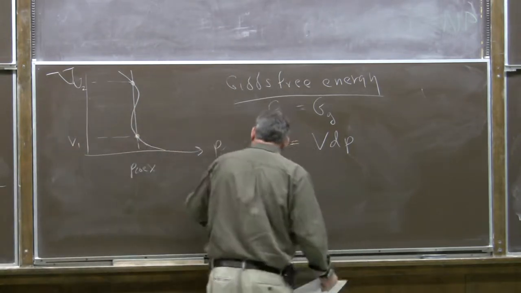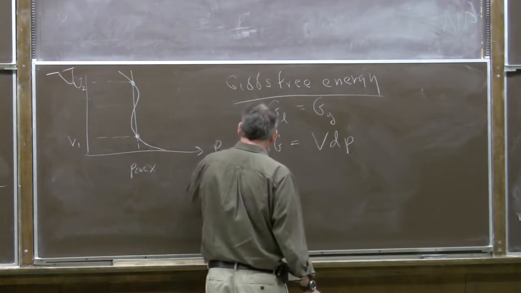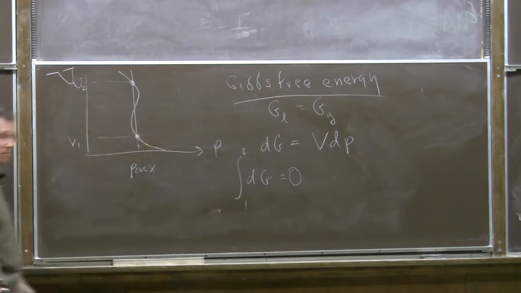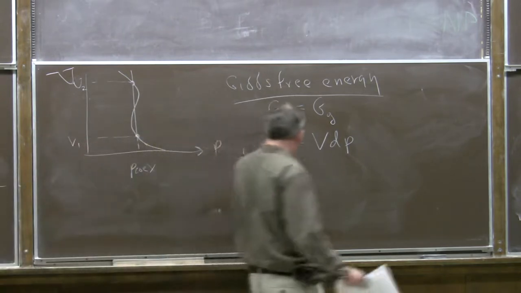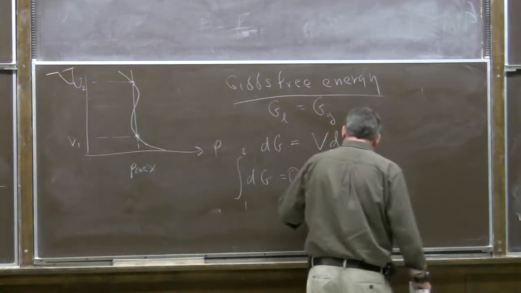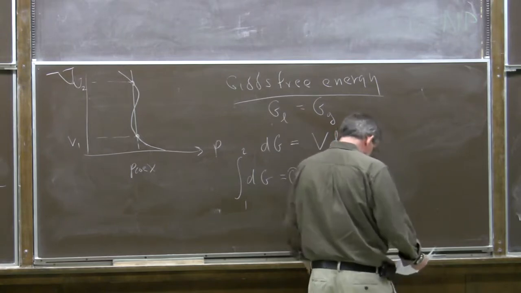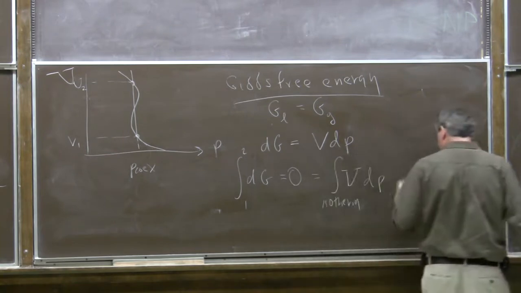So we want the integral of dG from 1 to 2 to be equal to 0. Okay, so the Gibbs free energy here is equal to the Gibbs free energy here. Or in other words, when we integrate along the isotherm, the integral of VdP is equal to 0.